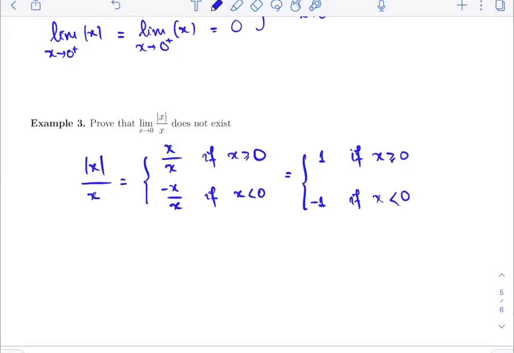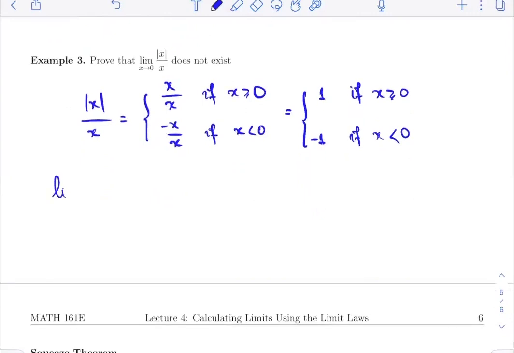So the left-hand limit: the limit as x approaches 0 from the left of absolute value of x over x is the limit as x approaches 0 from the left of negative 1. Again, x approaches 0 from the left means that you consider x values on the left of 0.